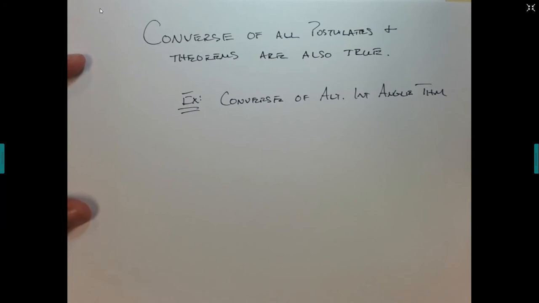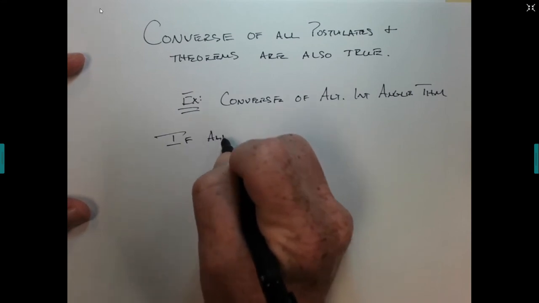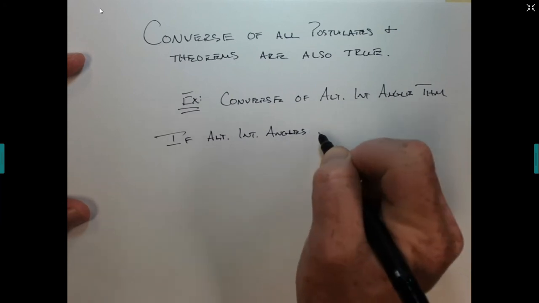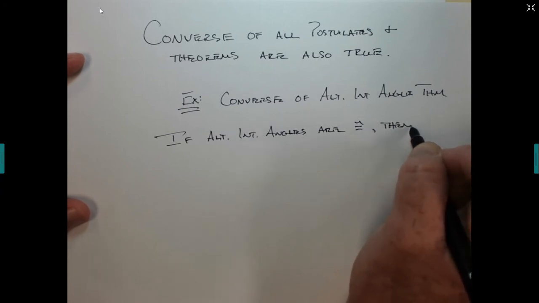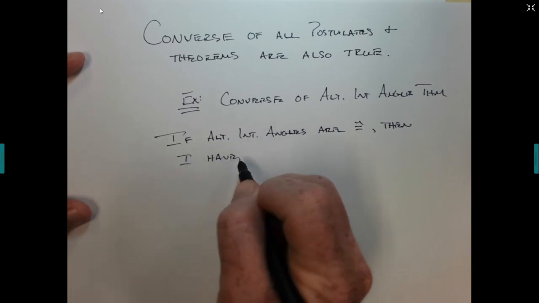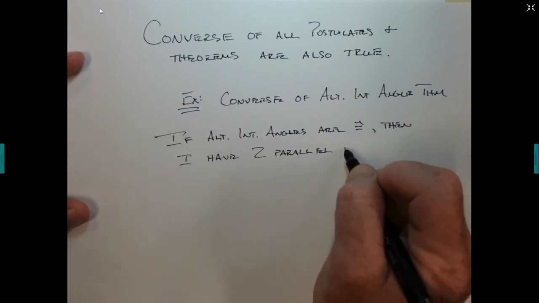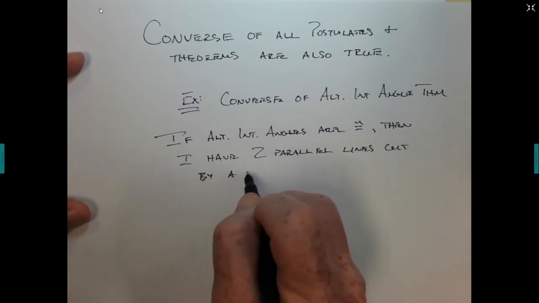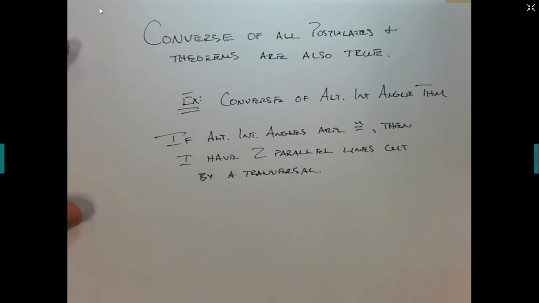But the converse of the alternate interior angle theorem would say, if I actually have alternate interior angles that are congruent, then I have two parallel lines that were cut by a transversal. So all we're doing is reversing everything we talked about last time.